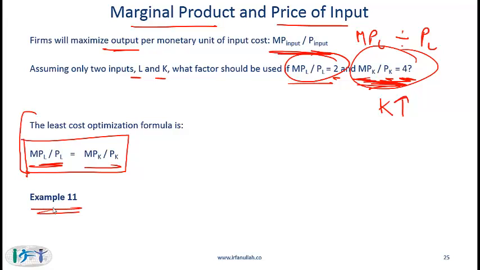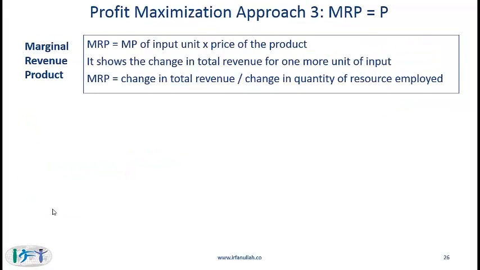Now we come to profit maximization approach 3, which we alluded to earlier. This is where the marginal revenue product is equal to the price of a factor. Let's understand this. I have introduced the term marginal revenue product for the first time, and hopefully you can guess what this means.